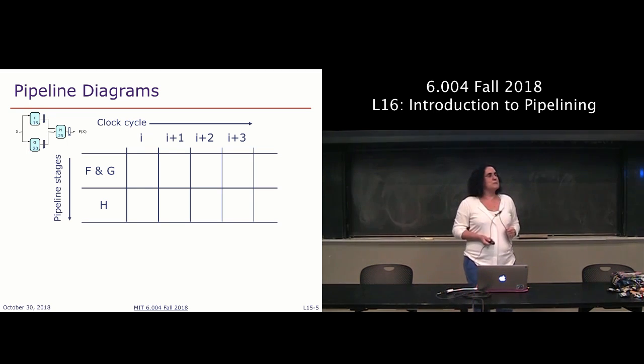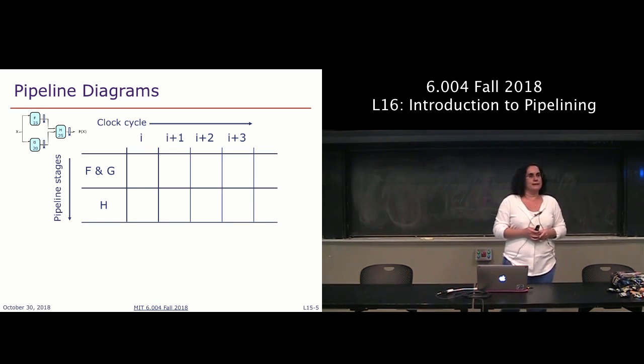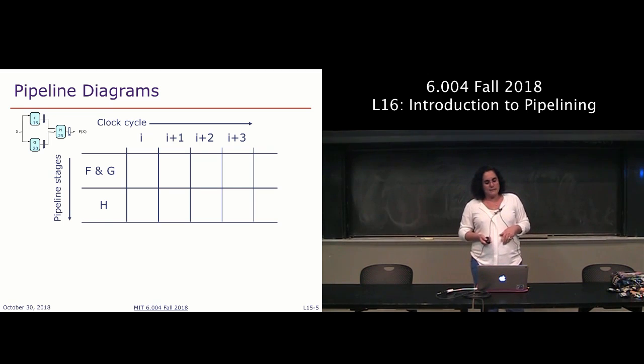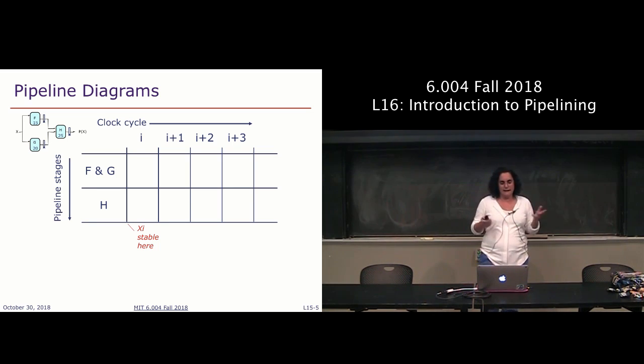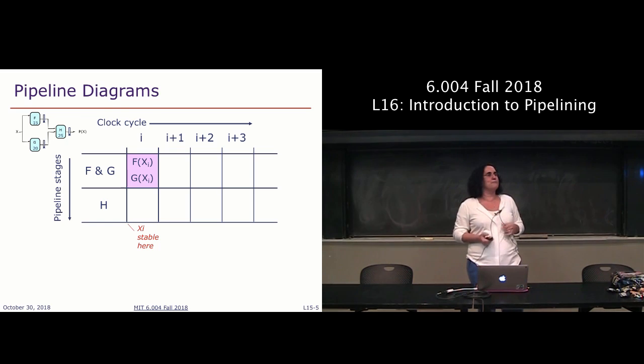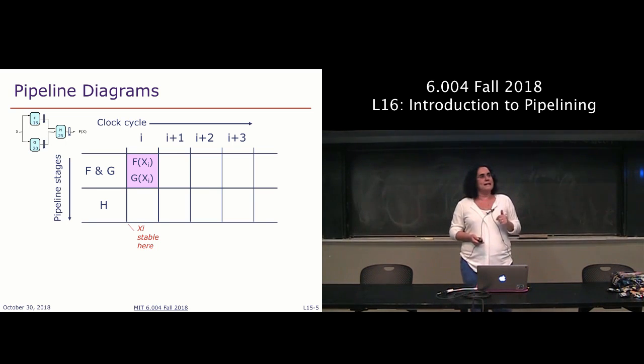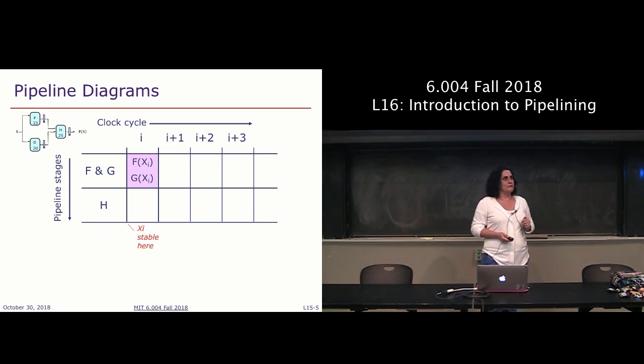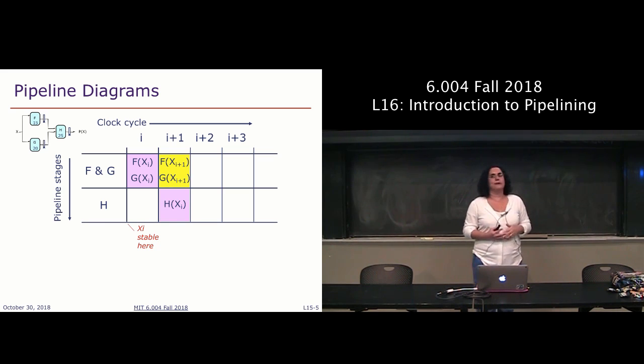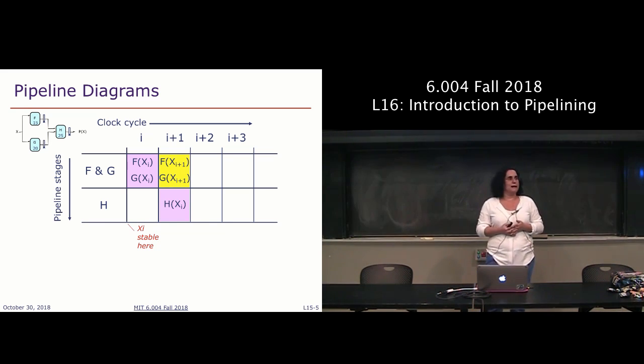So to express what happens in the circuit we were just looking at, let's say just before cycle I, my input x of I is stable. Now in cycle I, x of I enters both my F module and my G module. They do their work in cycle I. Then at the end of cycle I, the F and G outputs are ready. So now in cycle I plus 1, H can operate on that initial input x of I.